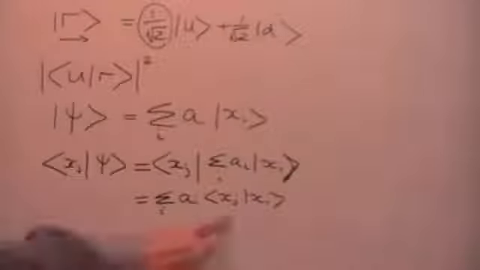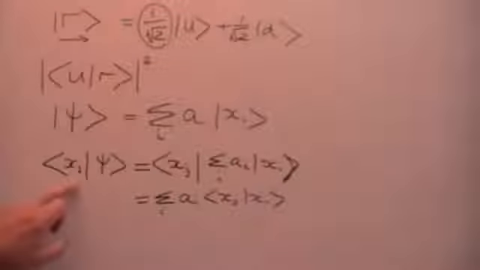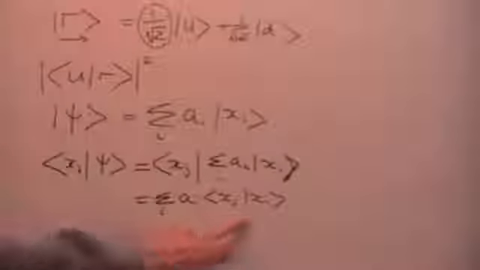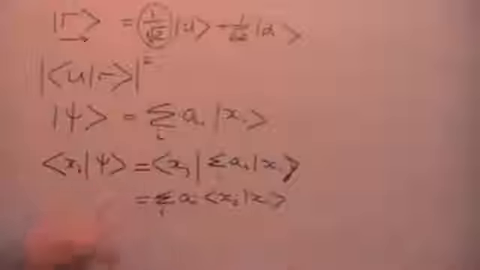There is no sum over j because xj is a particular basis state, and I want to know what's the probability of measuring in that state. Now you can see that j and i are orthogonal, so when j does not equal i, this term is 0 and the whole thing vanishes.